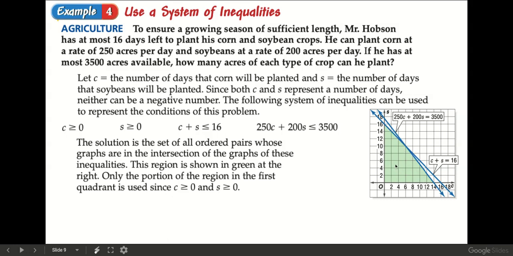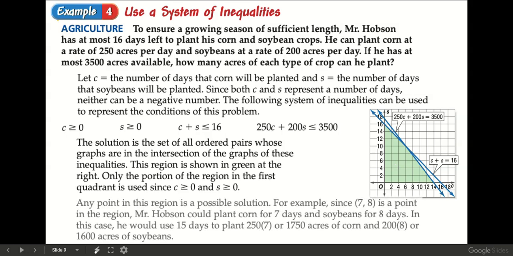But anything in here would work. So, for example, 7, 8 would work because it falls in the shaded area. He could plant corn for 7 days and soybeans for 8 days. In this case, he would use 15 days to plant, right? And he would use 1,750 acres of corn and 1,600 acres of soybeans.